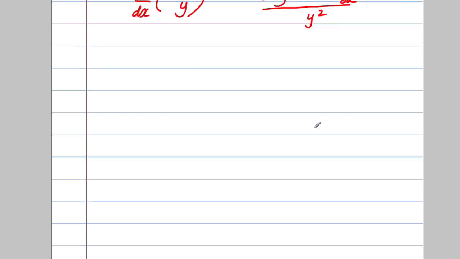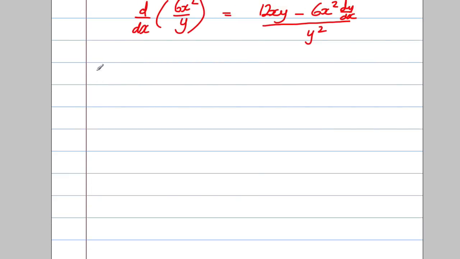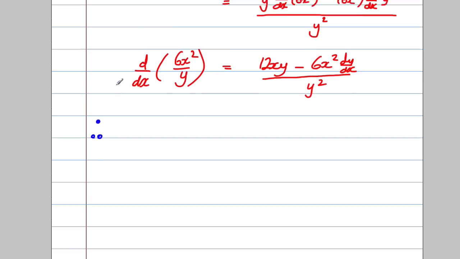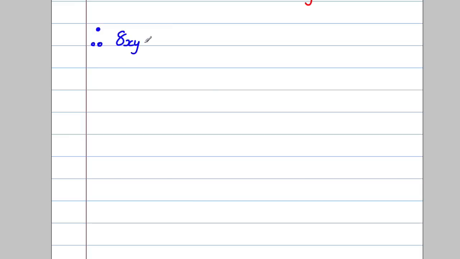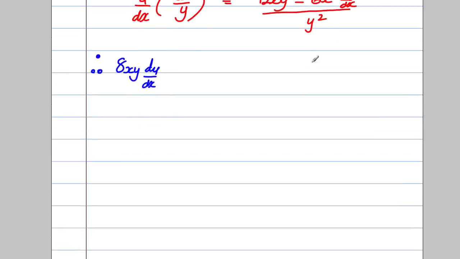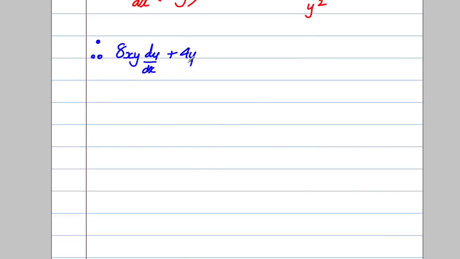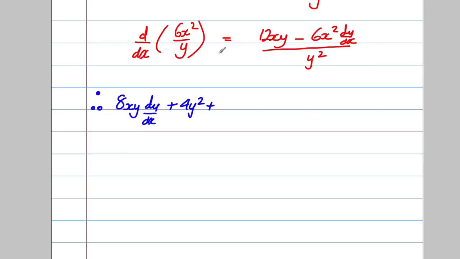So what we can say, therefore, is that 8xy dy by dx, so the first component, 8xy dy by dx, plus 4y squared, plus this thing we've just worked out, so 12xy subtract 6x squared dy by dx, all of that divided by y squared, is equal to d by dx of a number which is just 0.